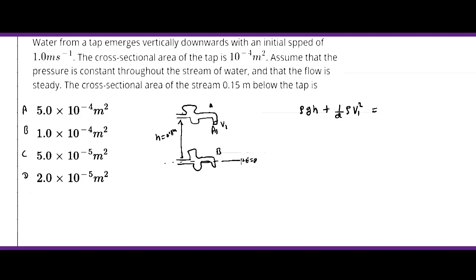At the reference line, potential energy will be 0. So there is only kinetic energy, half rho V2 square.